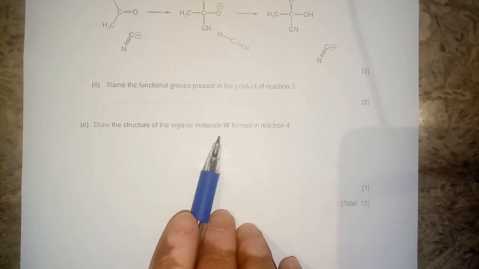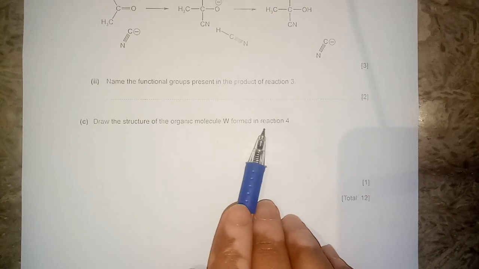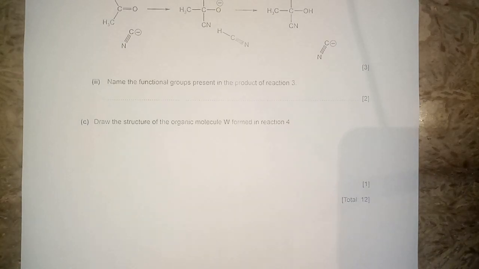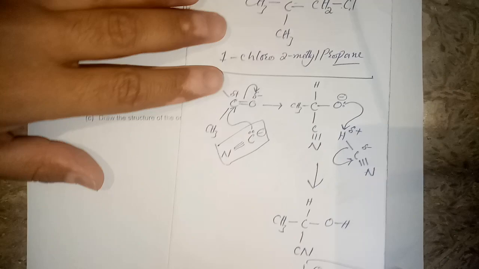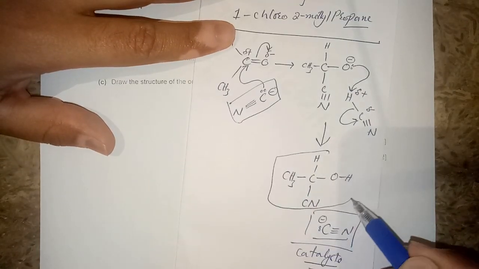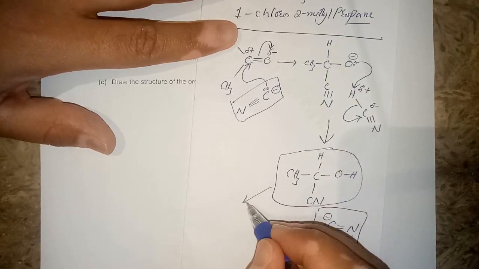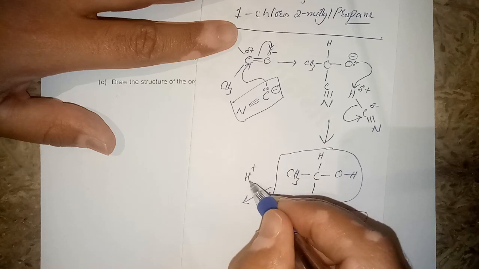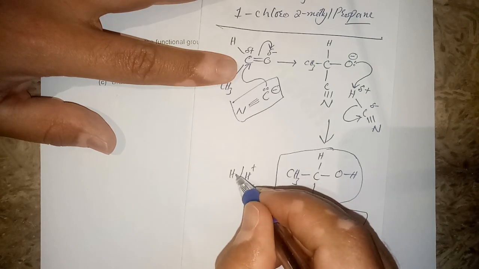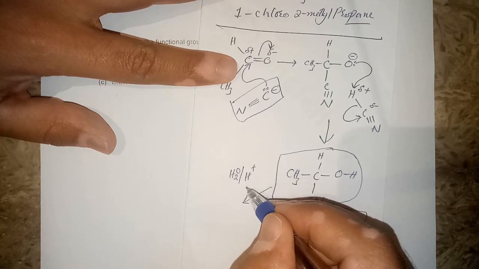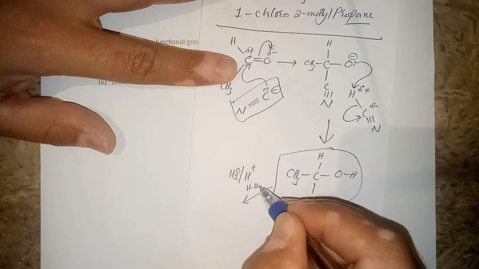Draw the structure of the organic molecule W formed in reaction 4. So we got this one, and when this is hydrolyzed, water is added in the presence of acid, heat under reflux.